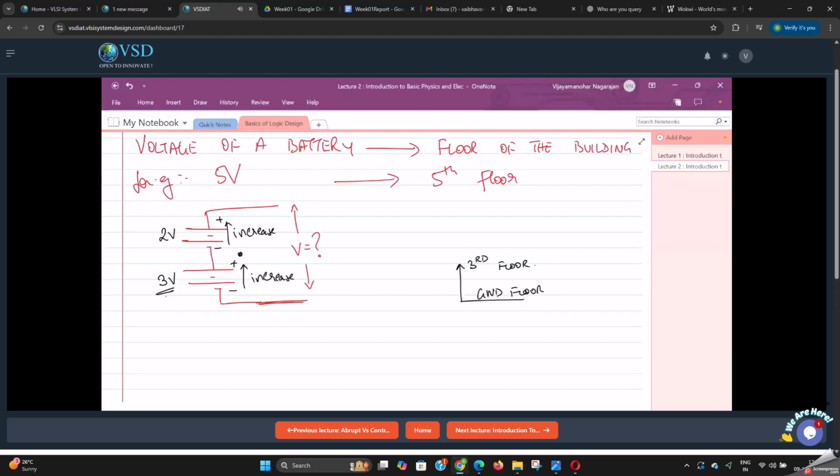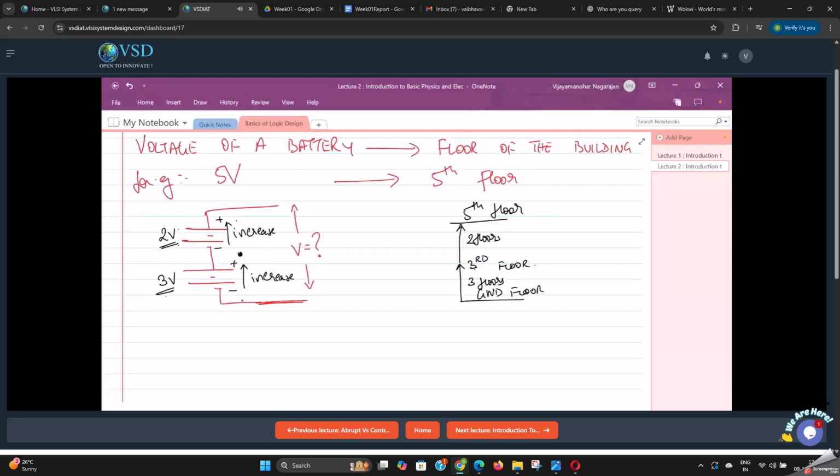Note at this point, when you are going from here to here, you are not going up by 2 volt, which is 2 floors with respect to ground floor. You are going 2 floors up with respect to 3rd floor. So you are going 2 more floors. From ground you went 3 floors, to the 3rd floor. From 3rd floor you are going up by 2 floors. Where you will go? Yes, 5th floor.